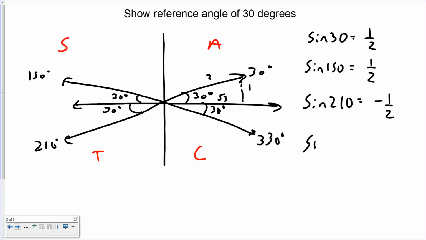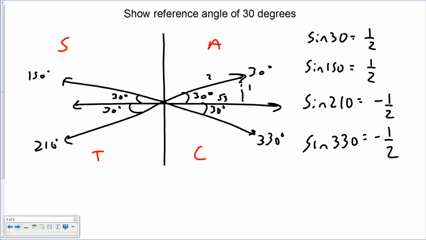And the sine of 330 is equal to a negative 1/2. This is where we're going to make an observation here, and that is that all of these angles, sine 30, sine 150, sine 210, sine 330, give you the same exact number except it's either positive or negative.